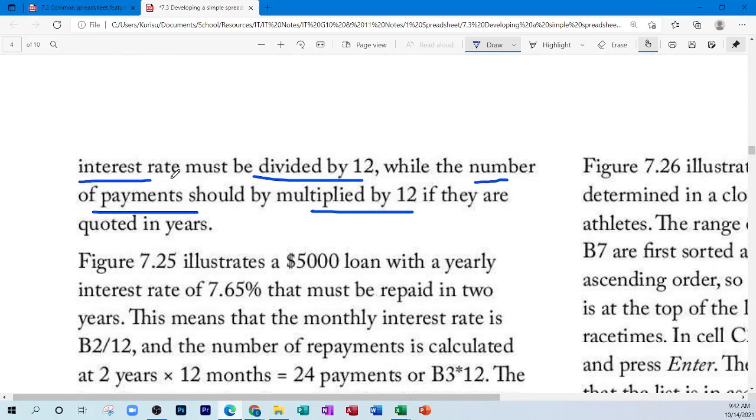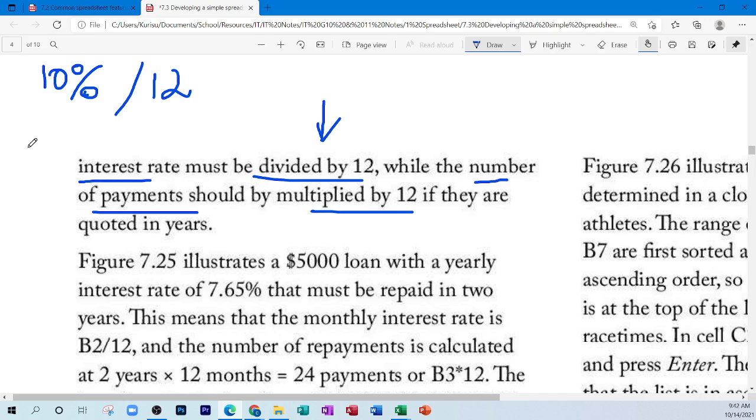The interest rate has to be divided by 12. So say for example, the interest rate is 10%. We have to divide 10% by 12. Why? Anyone? Because there are 12 months in a year. Good. So there are 12 months in a year.